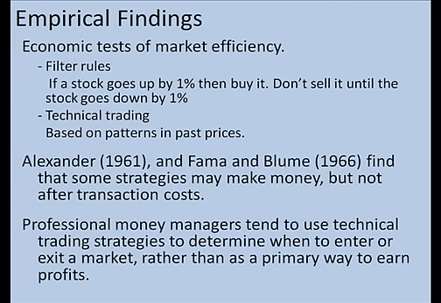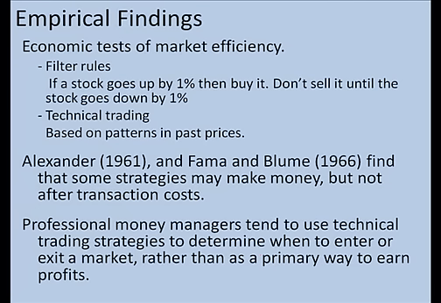Well, Alexander in 1961 and then Fama and Blume in 1966 analysed a lot of different investment strategies based on either filter rules or technical trading, and they found that some of the strategies might have made money, but certainly not after you accounted for the transaction costs. And you'll remember we've been talking about transaction costs in the previous few lectures.